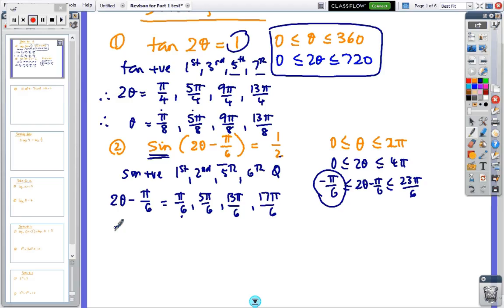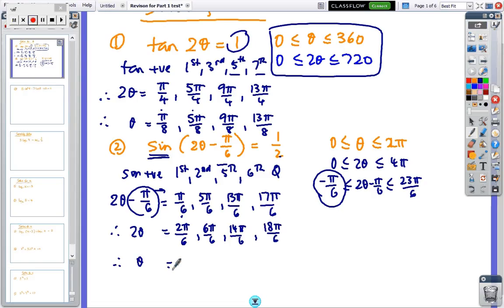And then 2 theta, add pi on 6, so that's going to be, just make it 2 pi on 6, I won't worry about dividing, 6 pi on 6, 14 pi on 6, 18 pi on 6, and then divide through by 2. So the 2 goes back to pi on 6. Divide through, 3 pi on 6, which will be pi on 2.